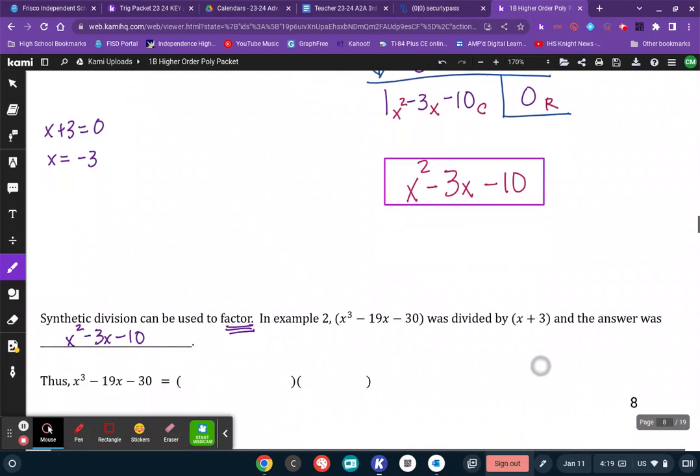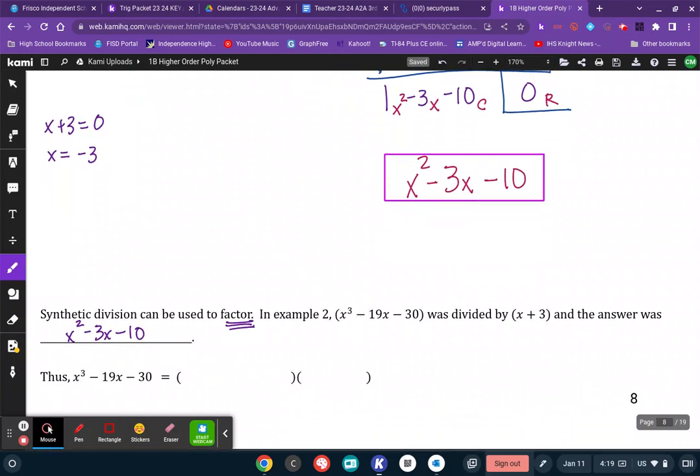So what that really means is if I were to multiply the divisor times my quotient, then I would end up with the dividend. So the inverse process is a check, in other words, or this is basically what division does.